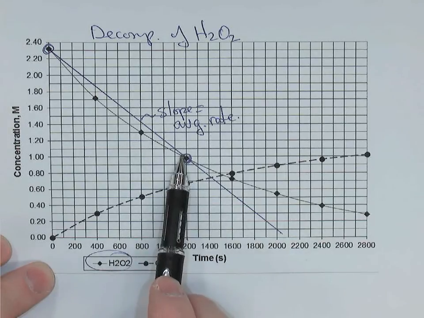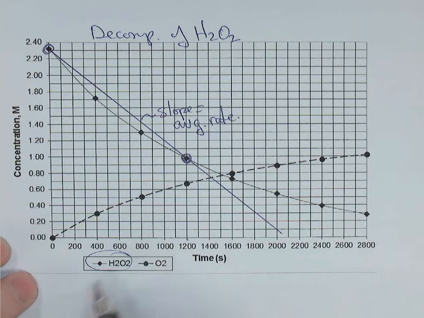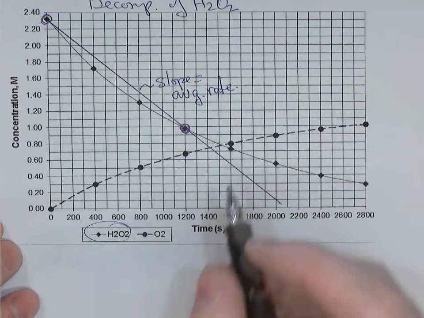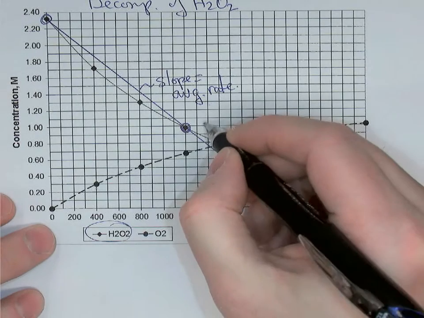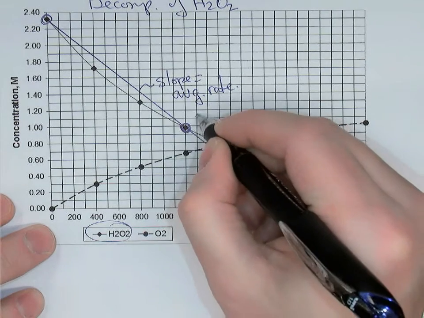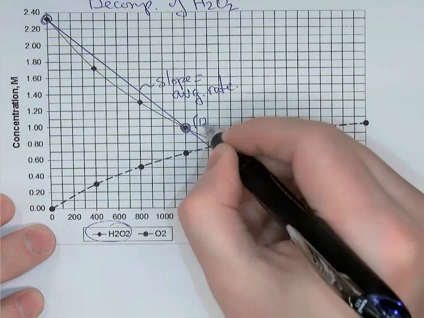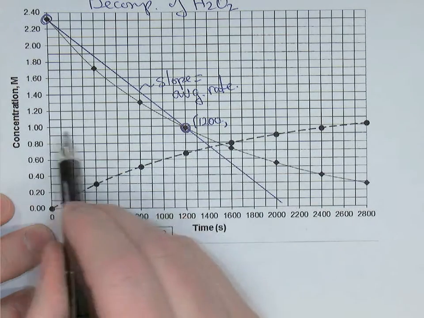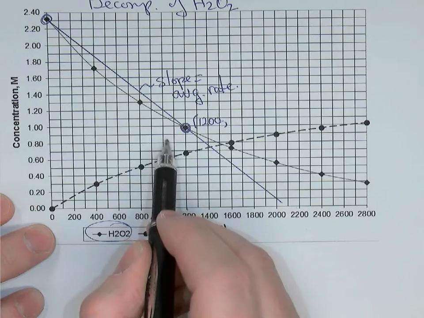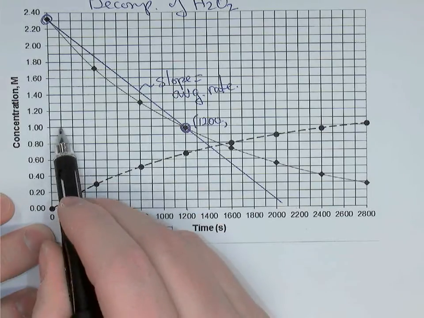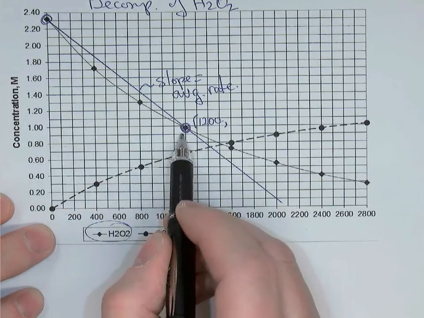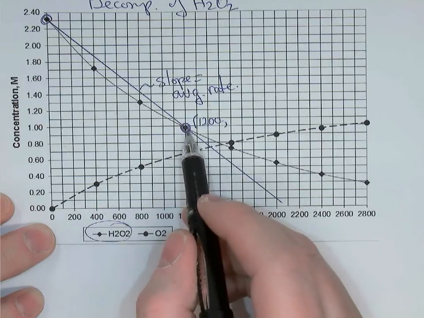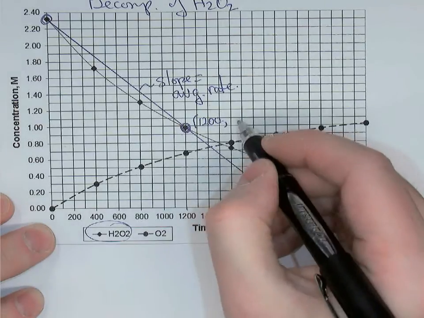You can see that because if you simply use your equation for finding slope of a line, and let's look at the coordinates of these 2 points. This point at the end has coordinates of 1200 seconds, comma, and if we estimate the y value here, it looks to be between 0.8 and 1, in fact between 0.9 and 1, and closer to 1. So I'm going to estimate that that's about 0.98 molarity.